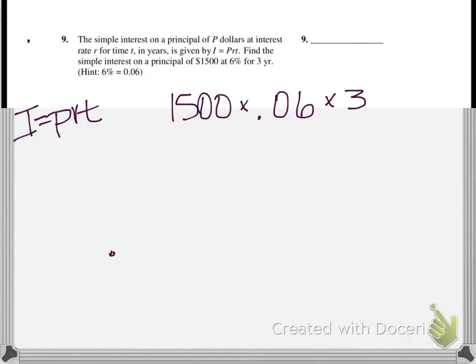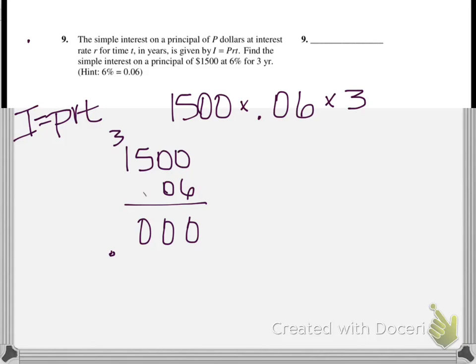I'm just going to multiply the 1,500 times the 0.06 first. That gets me 0, 0, 30, 6 times 1 is 6, and that'd be 9. And I'll have 2 decimal places, which is going to give me $90.